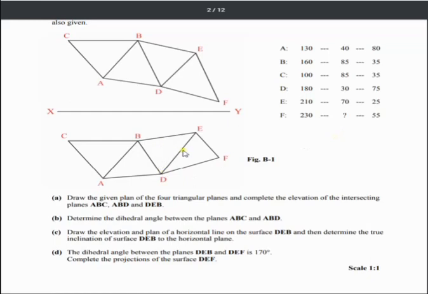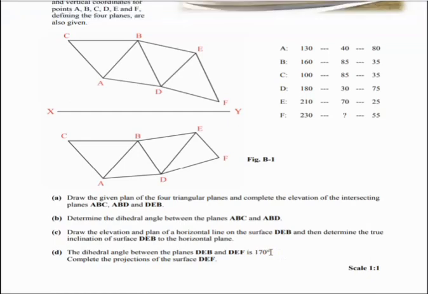We look 90 degrees to this line here, see it as a true length, then look up here in our second auxiliary, and in our second auxiliary, instead of finding the dihedral angle, we can draw the angle of 170 degrees. This allows us to find where point F is, because we will have measurements to find where F is on the drawing.